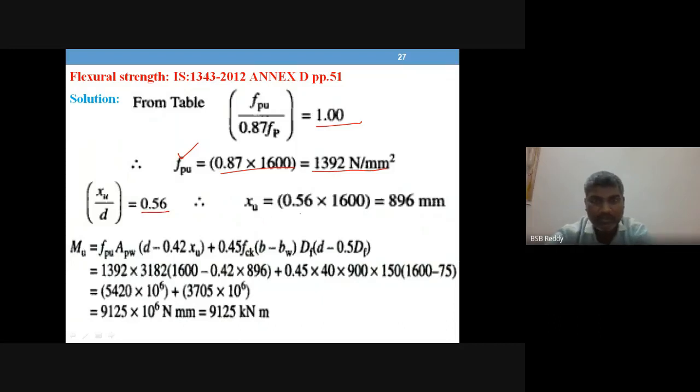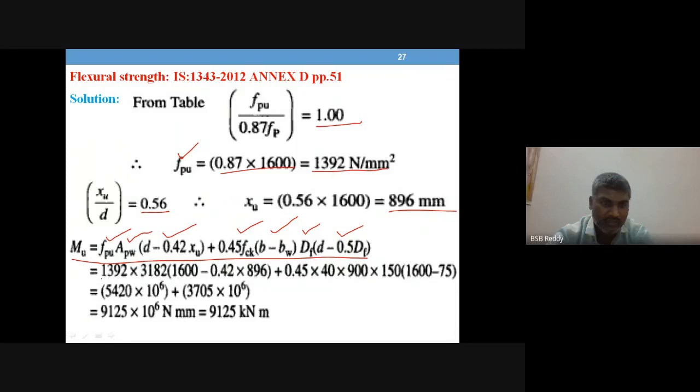Okay, so XU value is 896 mm, depth of neutral axis. Now you write the full-fledged formula for MU calculation. FPU APW into D minus 0.42 XU, plus 0.45 FCK B minus BW DF into D minus 0.5 times DF.